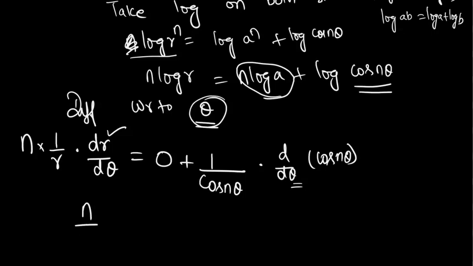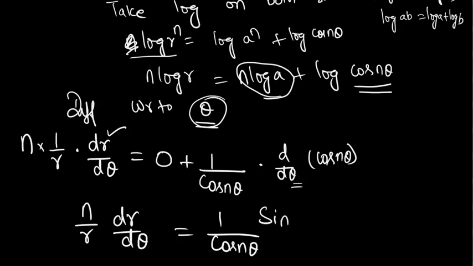And simplify this: (n/r) dr/dθ is equal to 1/cos nθ. And we know that cos nθ differentiation is minus sin nθ into n. That n, I'll write it here. Always don't write it here as into n, otherwise it looks like an angle. You have to put a bracket.